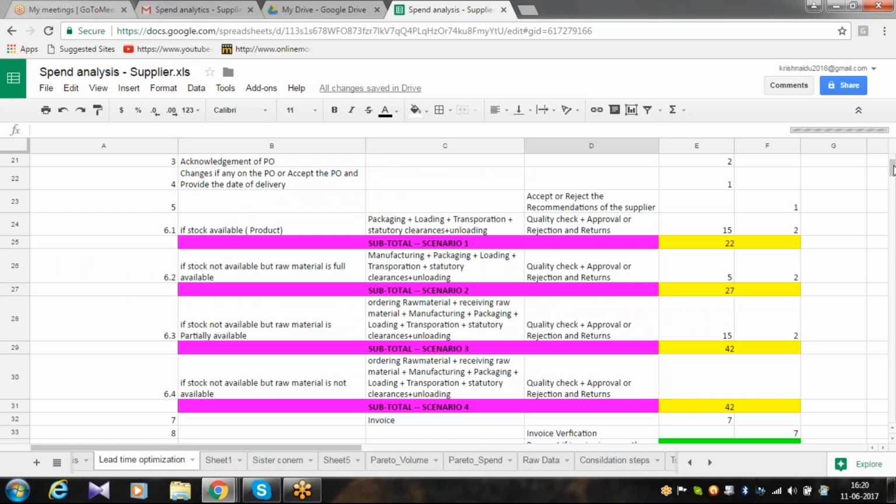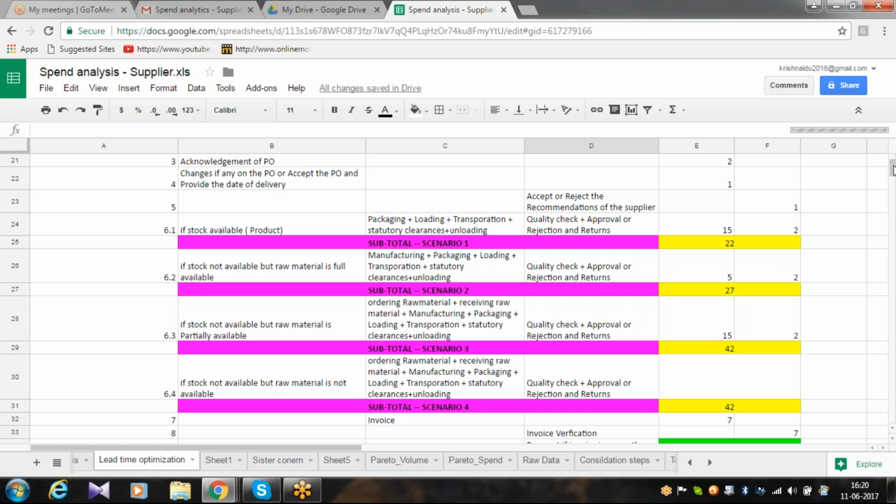Which scenario will be the best to manage? Scenario 1, right, by having a thorough inspection at the supplier's location.